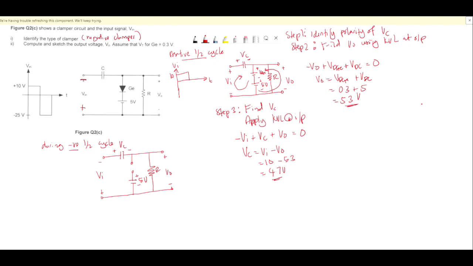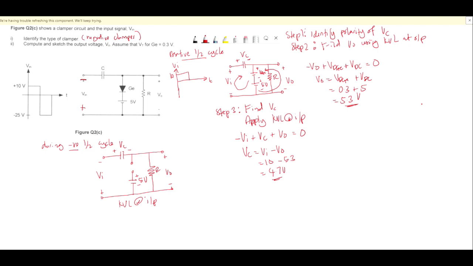So for the negative half cycle, we need to find the value of the output voltage. How do you find the output voltage? Using this circuit, you must apply KVL at the input.